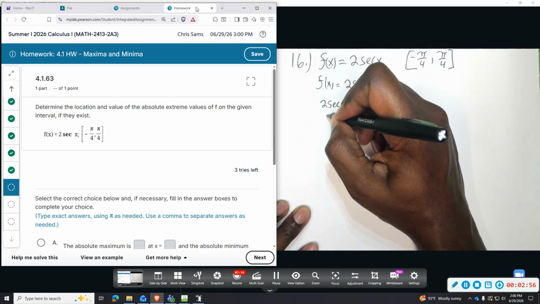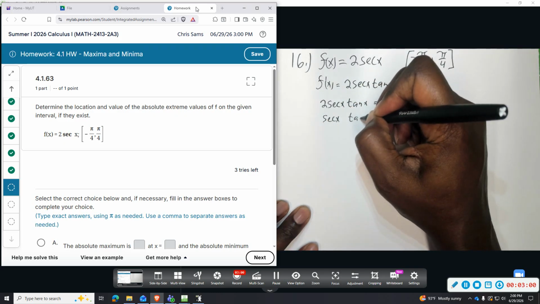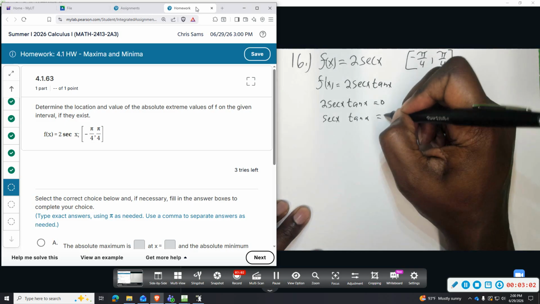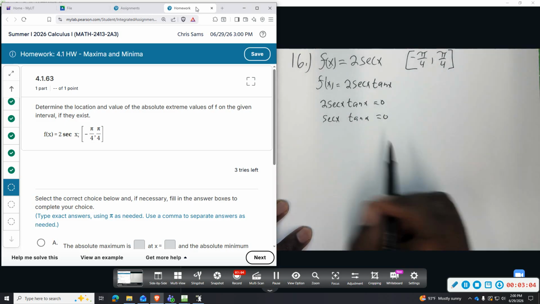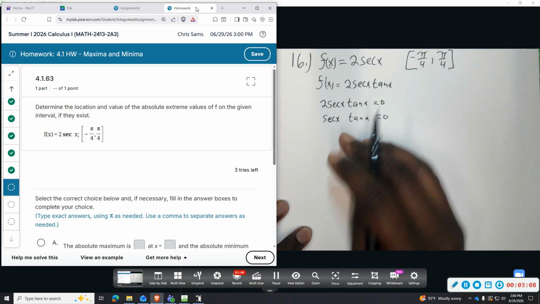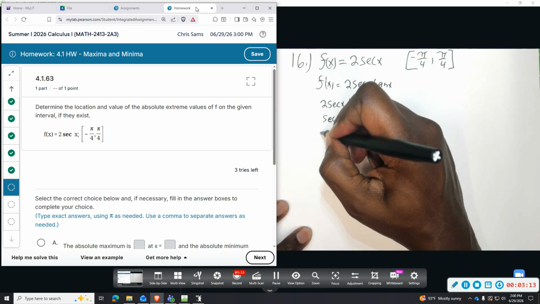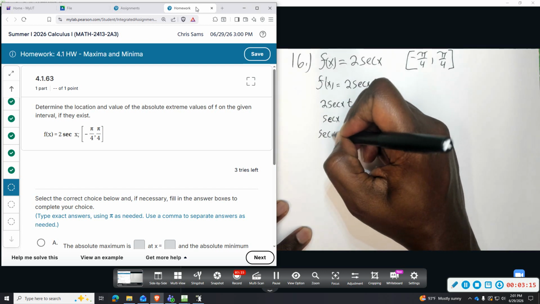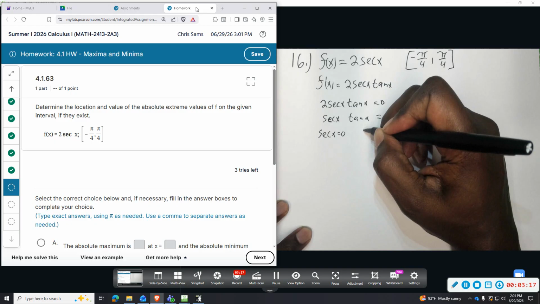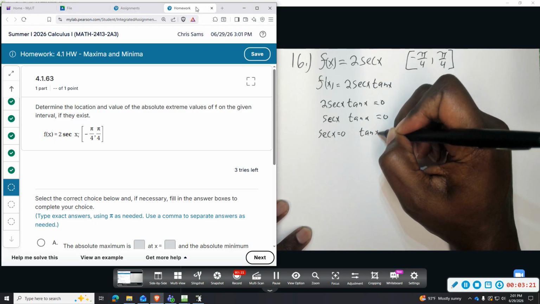Divide by 2, so that'll give us secant x tan x. And since we're multiplying, the multiplication theorem says that this expression will be equal to 0 if secant is equal to 0 or tan is equal to 0.